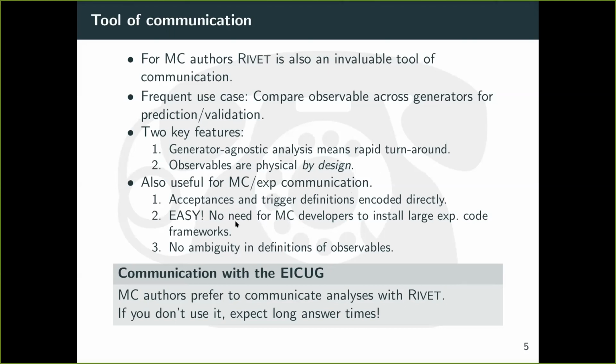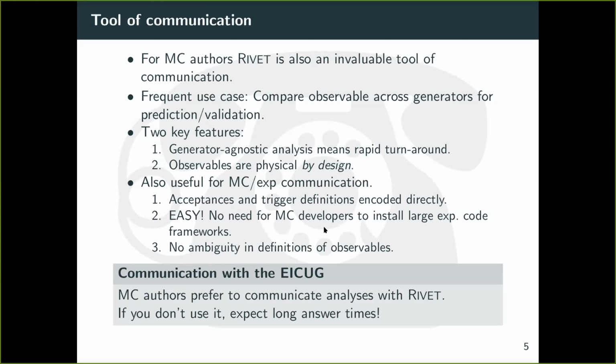And this means that if you just implement this in a Rivet analysis, which is basically a one or two liner, there's no need to ask any MC developer to install some large experimental code base in order for them to run your code. And also, again, there's no ambiguity in the definitions of observables.